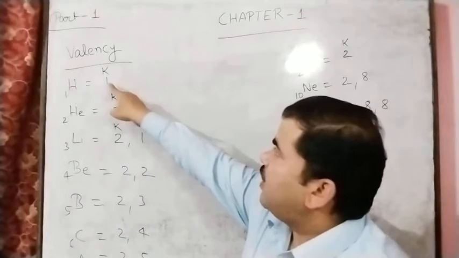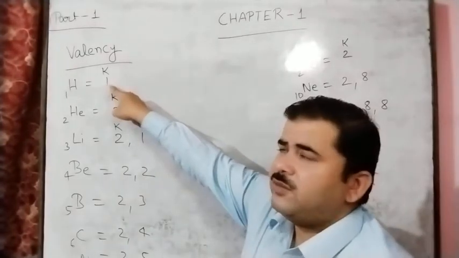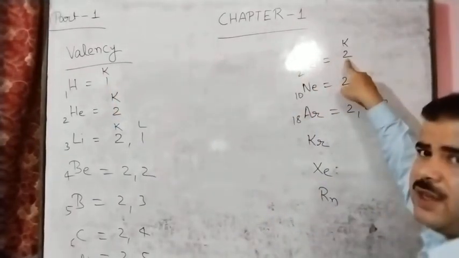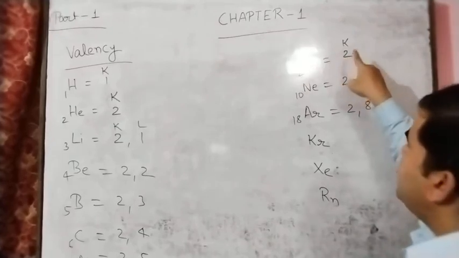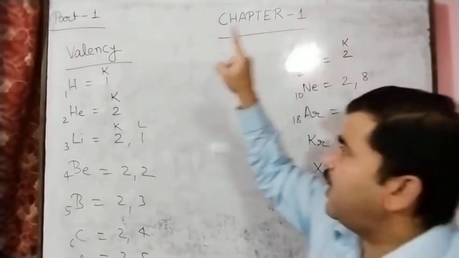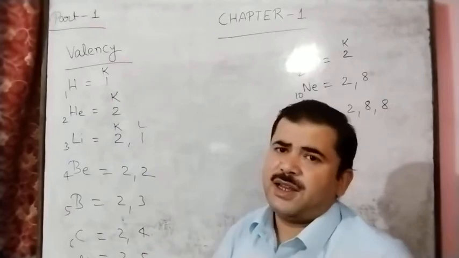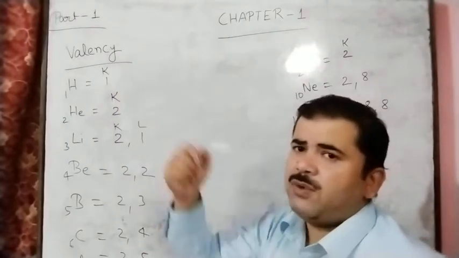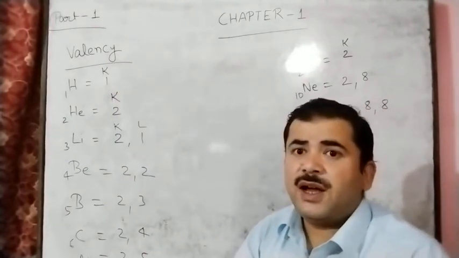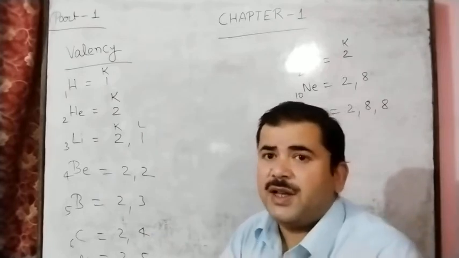So in this way, hydrogen needs 1 electron to acquire the helium electronic configuration, because helium has 2 electrons in the K shell and hydrogen has only 1. Hydrogen requires 1 electron to complete the helium configuration.